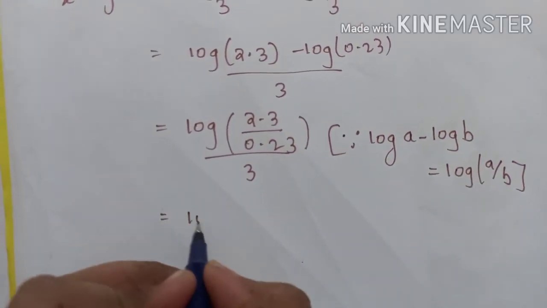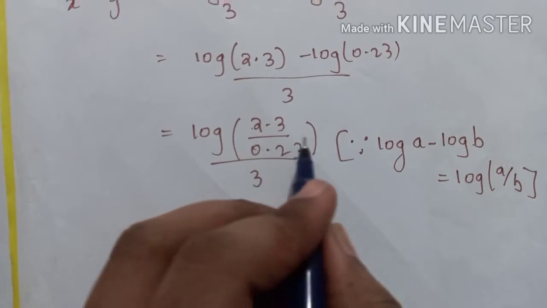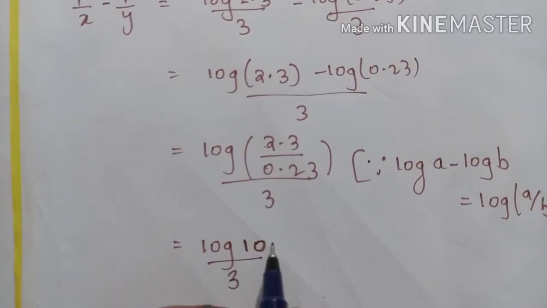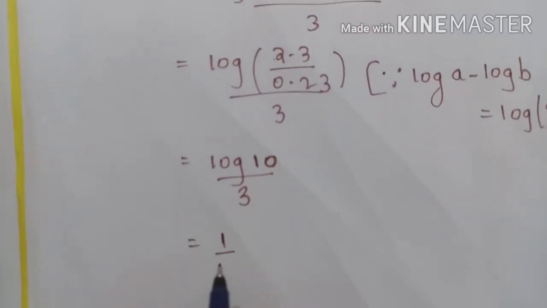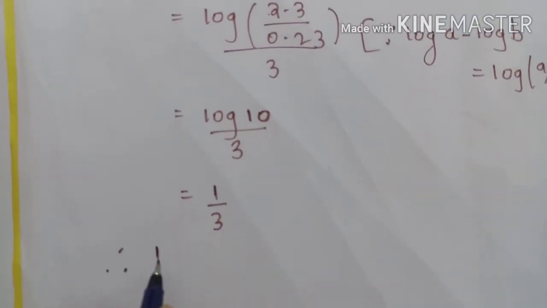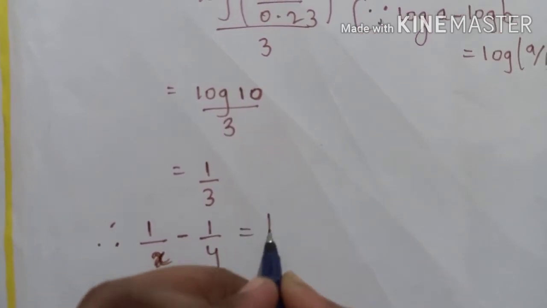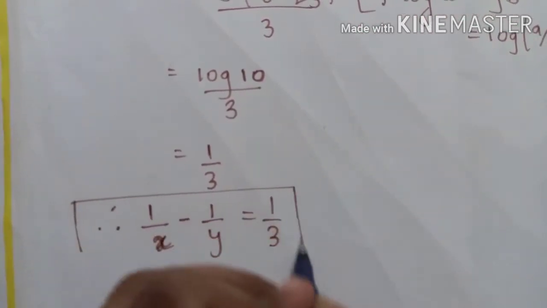So here log 2.3 by 0.23 is log 10, by 3. Log 10 to the base 10 value is 1, so 1 by 3. Therefore we have found the value of 1 by x minus 1 by y is 1 by 3, and this is the solution.